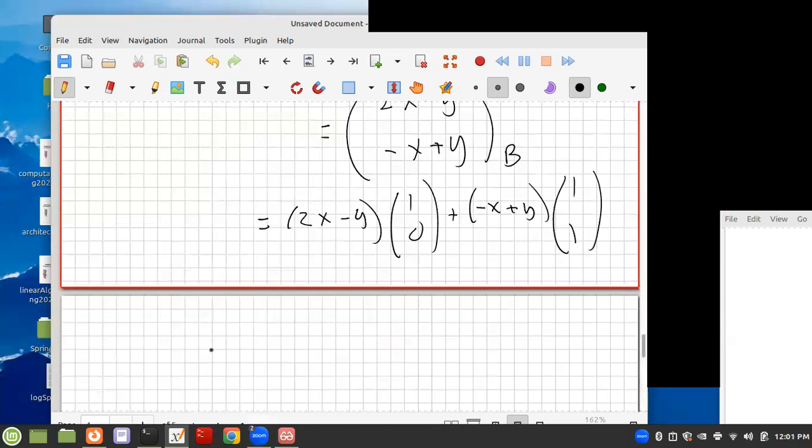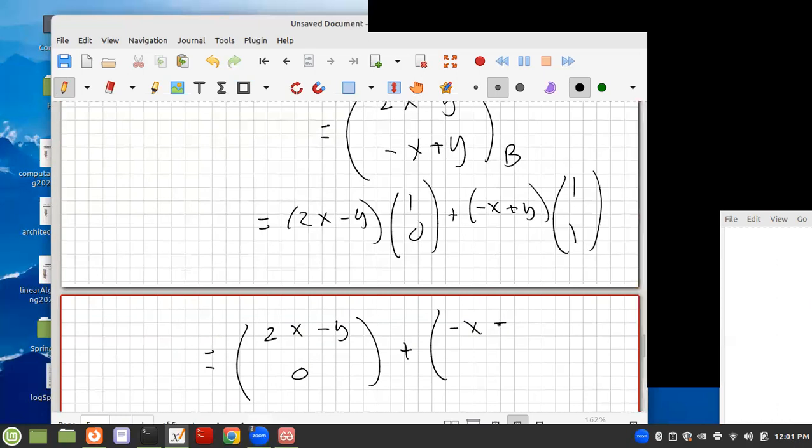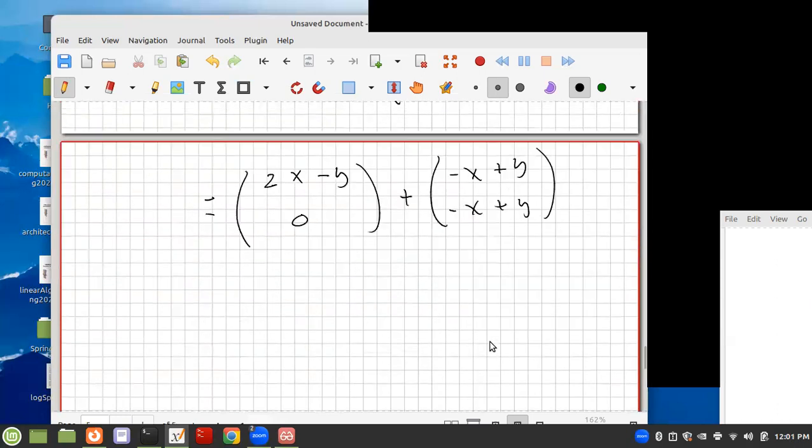Now, I can simplify this because this is going to be 2x minus y times the first vector plus minus x plus y times the second vector, which equals, I add them together, 2x minus y plus minus x plus y. And the bottom one is 0 plus minus x plus y.